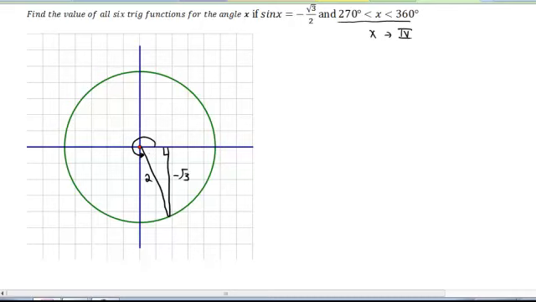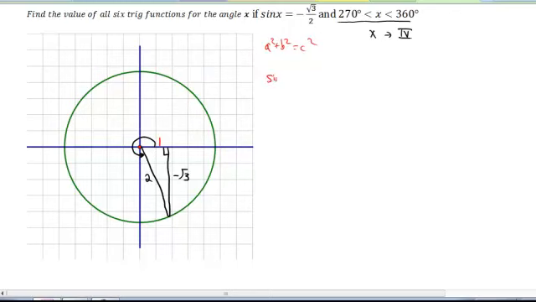The third side here is going to be 1. We know that because this is a 1, 2, root 3, a 30, 60, 90 triangle. If I needed to, I could again go back to the Pythagorean theorem to find that third side, and we'd find out that it was 1.